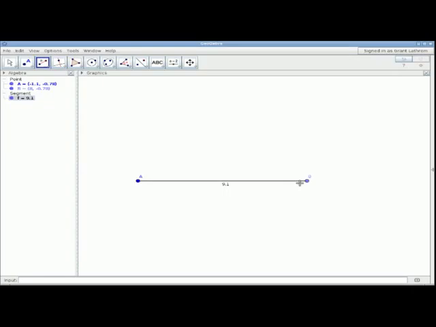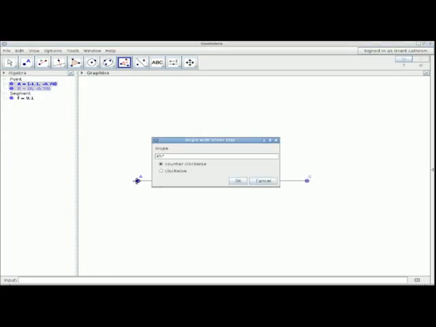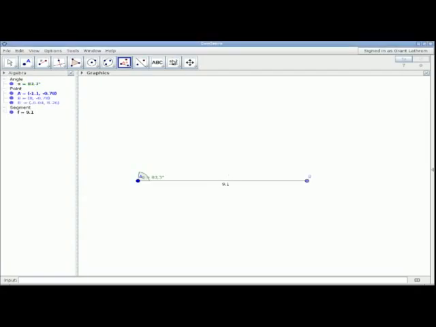Now I need an angle of 83.3 degrees. So let's go to the angle tool and make an angle of a given size. We need an angle of size 83.3 degrees. Okay, that gives us an angle.